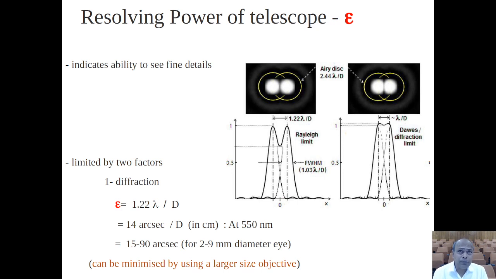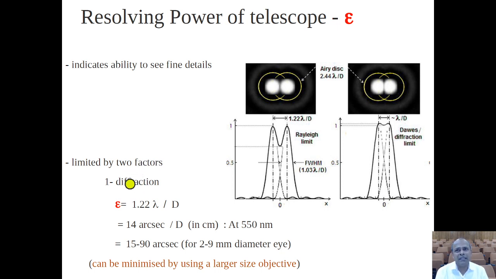Now, the second parameter is the resolving power of a telescope, which is also referred to as the solid angle formed by the image. In a way, this indicates our ability to see very fine details of any optical image. These are limited by two factors.